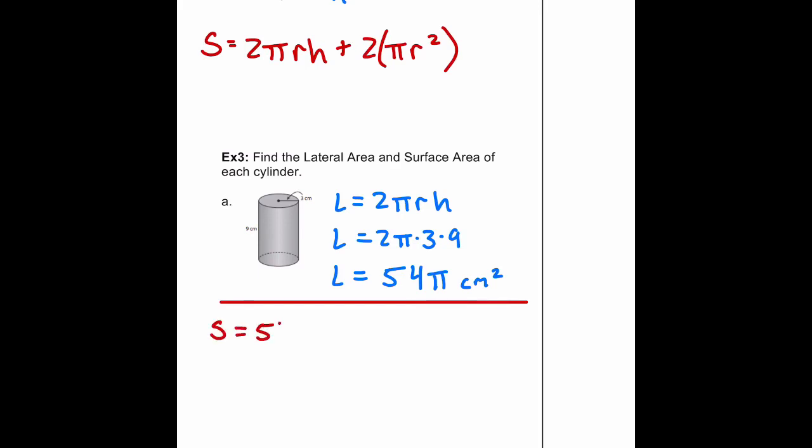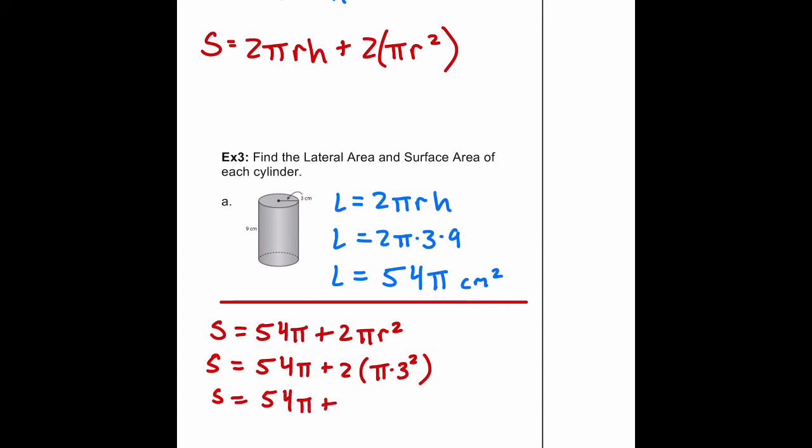We've got 54 pi, that's around the sides, plus 2 pi r squared. So that's 54 pi plus 2 times pi times 3 squared, which gives me 54 pi plus 18 pi for a grand total of 72 pi, and this is centimeters squared.